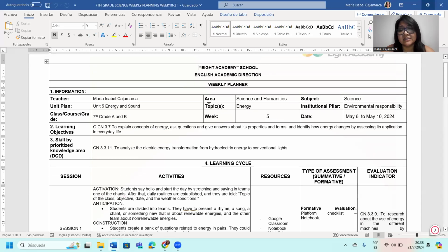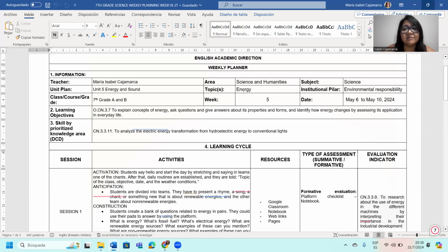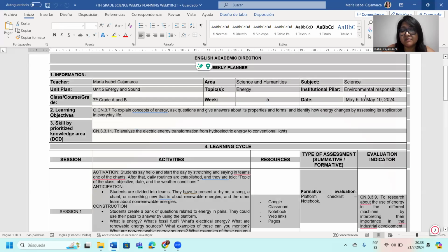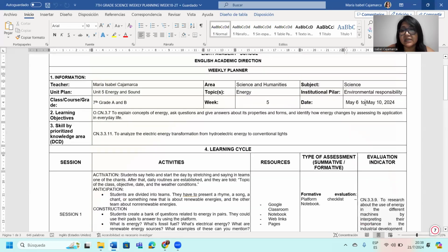I am a science teacher, so in this case, I have to understand everything about energy, which is environmental responsibility. The school where I work is Aid Academy, and they have a pillar which is called environmental responsibility. So I have to focus my class on this.